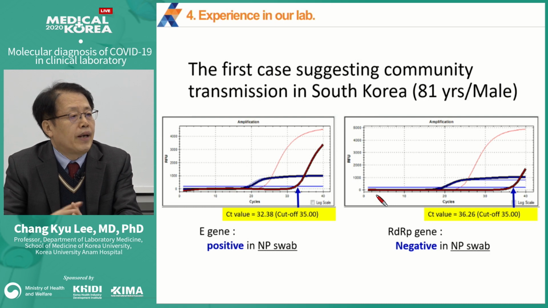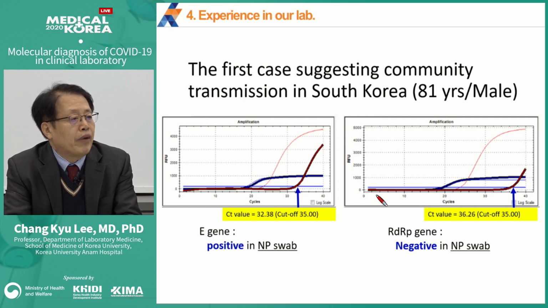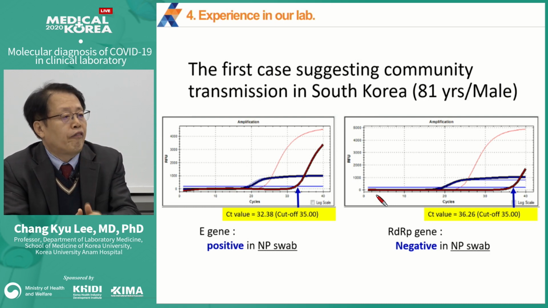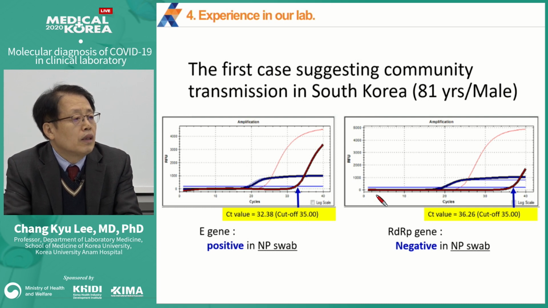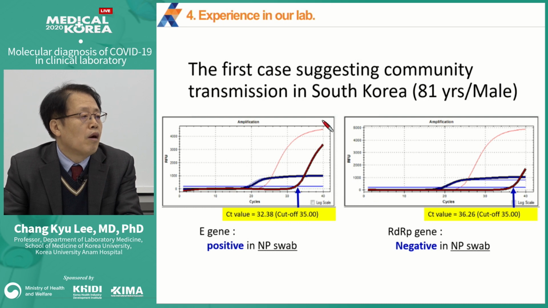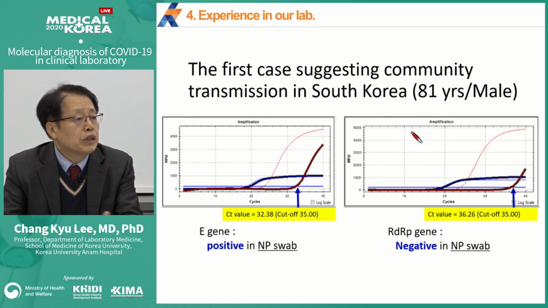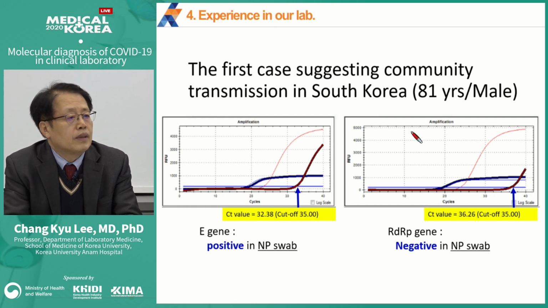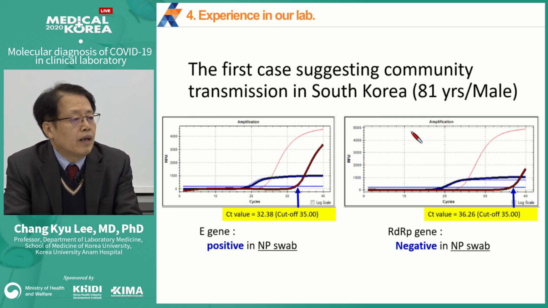This is the first case we experienced on February 15th. The route of transmission is unknown about this 81-year-old male. There is no history of travel abroad, strongly suggesting community transmission in South Korea.